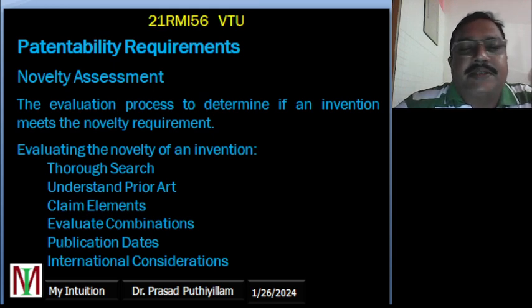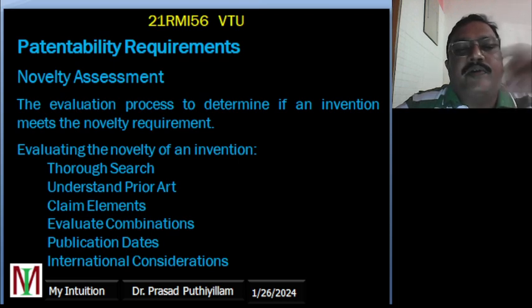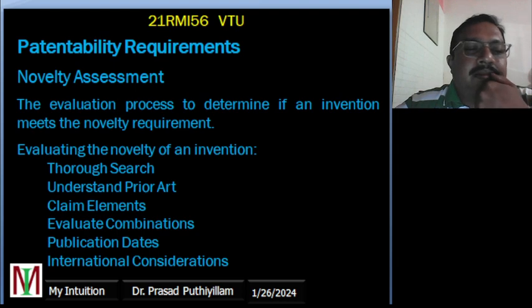Evaluate the combinations: if it is just a combination of known elements, determine if the combination itself is novel and non-obvious. That they will evaluate.